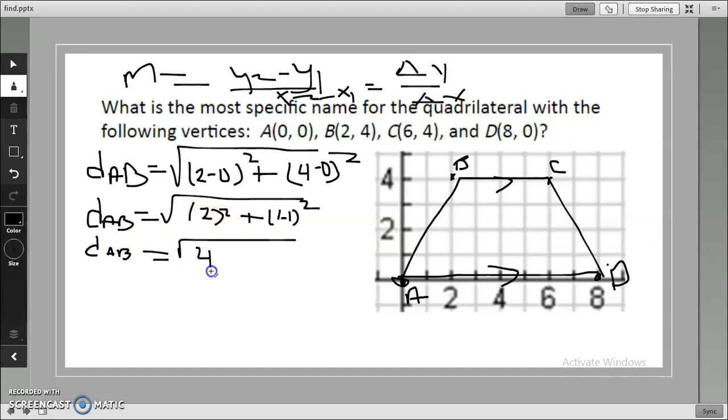We get 4 plus 16, so that's the square root of 20. I can leave it right there. I just want to see if I get the square root of 20 for CD as well.